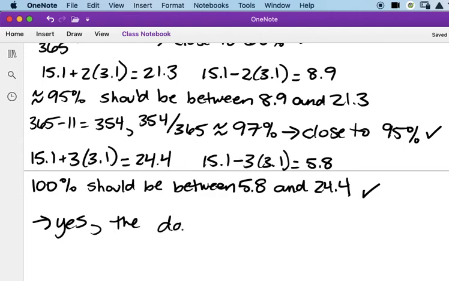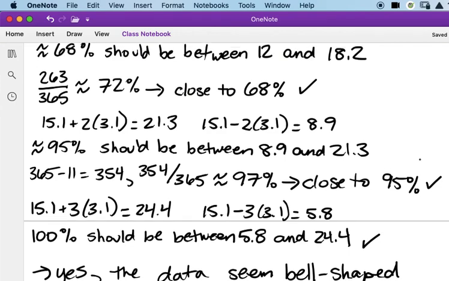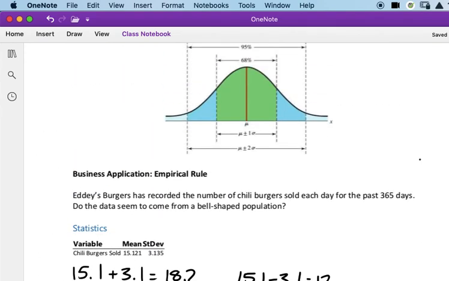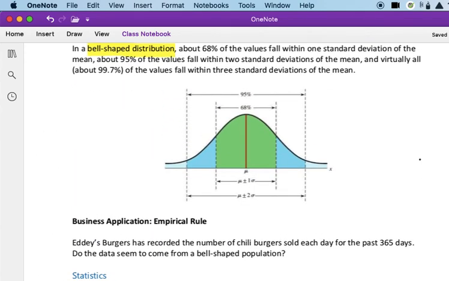The data seem bell-shaped. So it's one of the longer problems that we're going to see in this course, but basically it's just a matter of calculating those ranges and then using the data set to figure out if the percentages in the data set match 68%, 95%, and 100%.